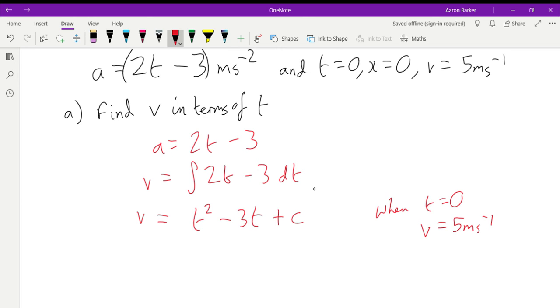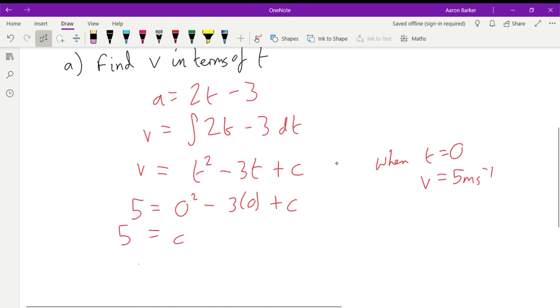So 5 equals 0 squared minus 3 lots of 0 plus c. So our c must be 5. So the velocity is t squared minus 3t plus 5.